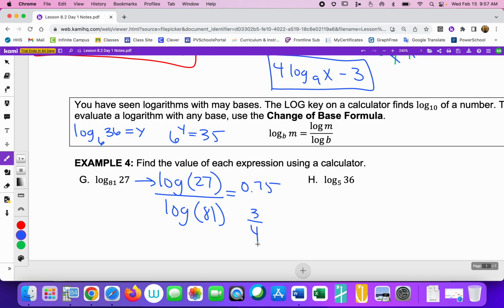However, I cannot make a 5 and a 36 match bases. So this one's going to be a different decimal. So we would enter this into the calculator as log 36 divided by log of 5. Okay. So basically, the change of base formula is converting them from a base 5 into two separate base 10s, because that's what a calculator does, a base 10.